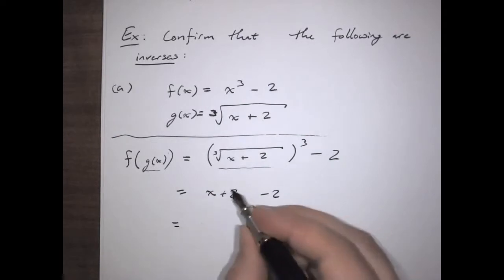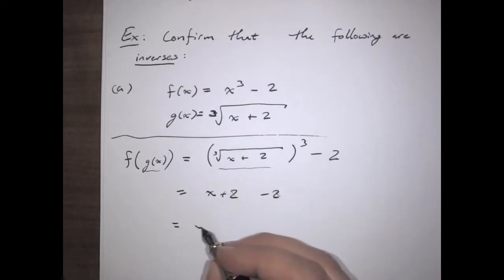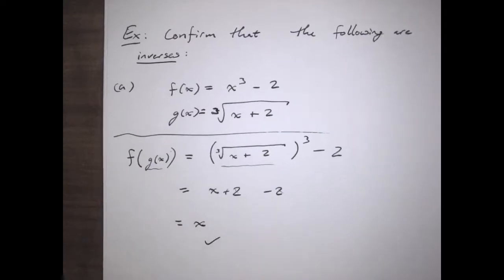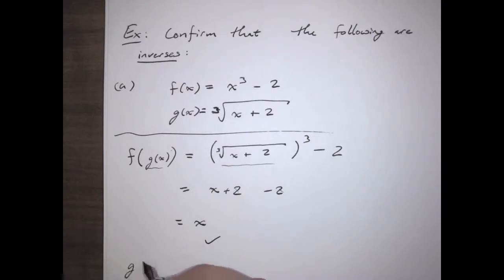And those, in turn, cancel each other out, and that just gives me an x, which is what we're supposed to get. But then also, to check the other direction, I need g of f of x to equal x.